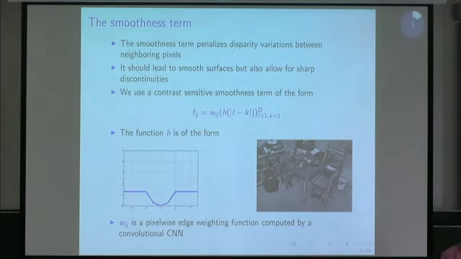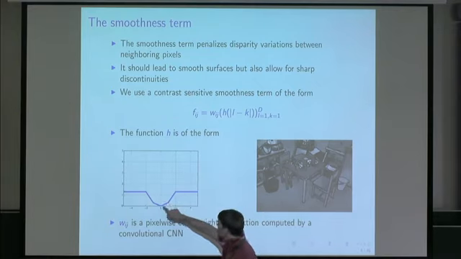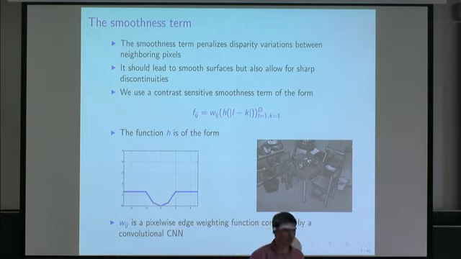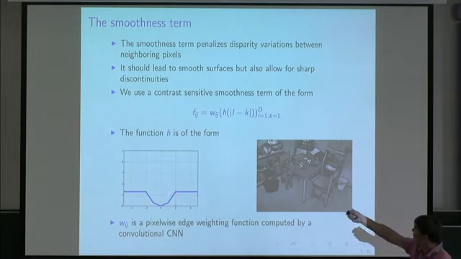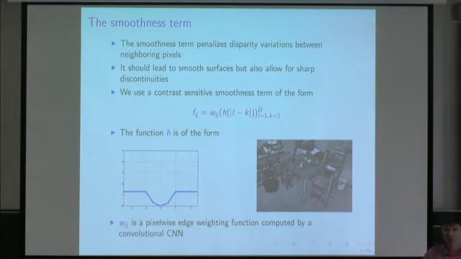So what about the smoothness term? In the smoothness term, we take standard stuff, more or less a truncated total variation, if you want. Here it's piecewise linear, to favor relatively small slanted surfaces. Additionally, we weight the distance function h, so h is this function here, between label differences. We weight it with a function that is derived from edges in images.